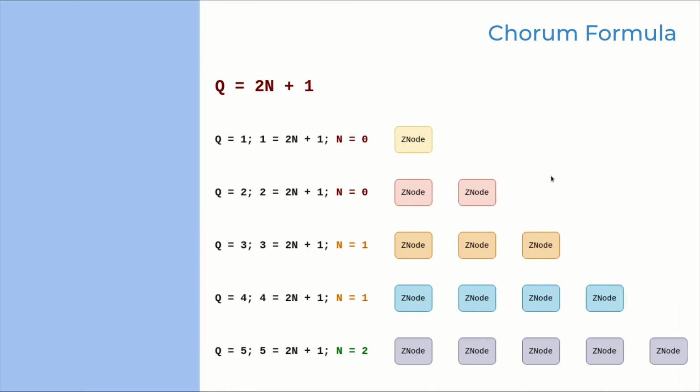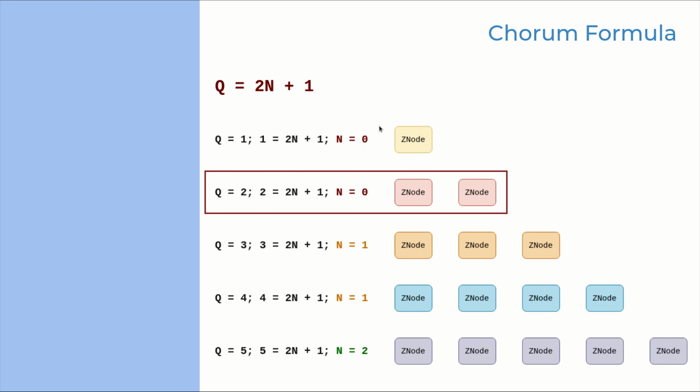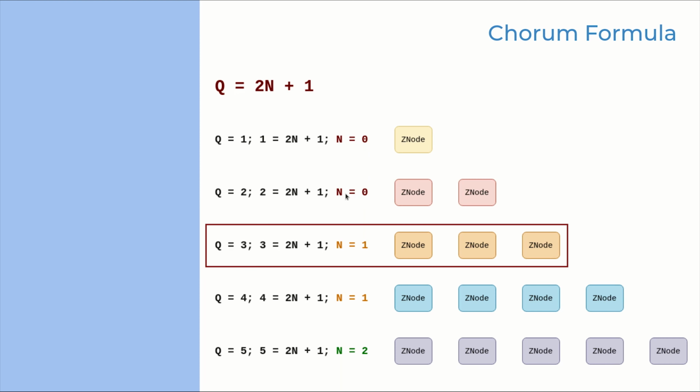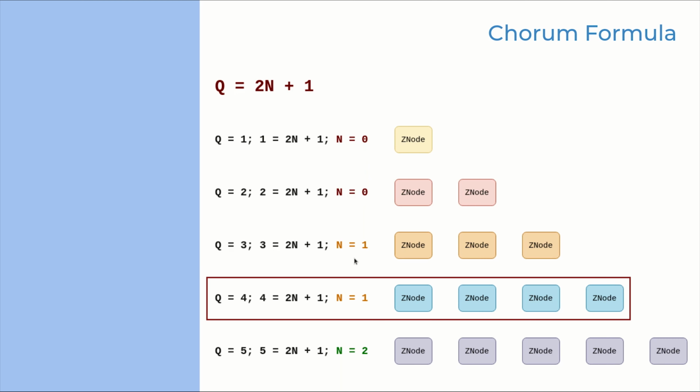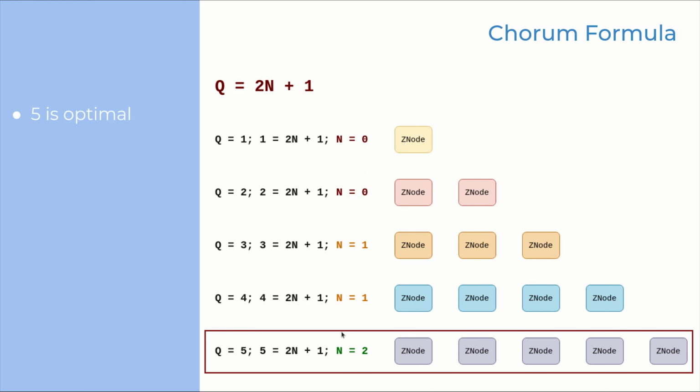So, according to the quorum formula, if we have one node, no failures can be tolerated, and 2 nodes are the same, nothing could fail. 3 nodes can establish a healthy cluster allowing 1 node to fail, and 4 nodes will return the same result as 3, so even number clusters do not form a healthy ensemble. And 5 nodes will allow 2 nodes to fail and still maintain a healthy cluster.